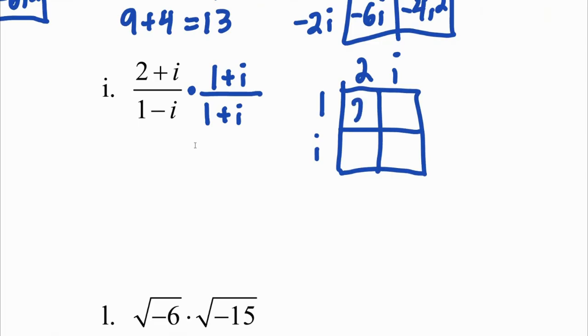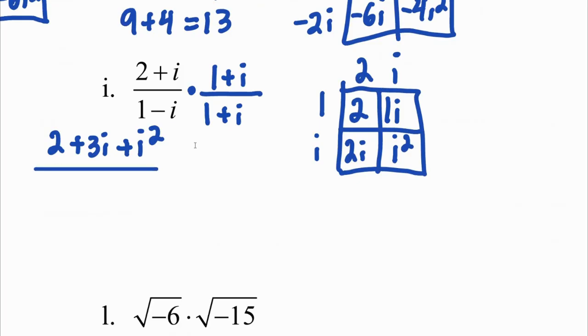So 2 times 1 is 2. 1 times i is, you can write it as i or 1i. Then we'll have 2i, and i times i is i squared. So for that numerator, I'm getting 2 plus 3i plus i squared.